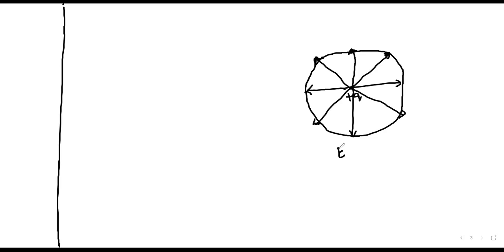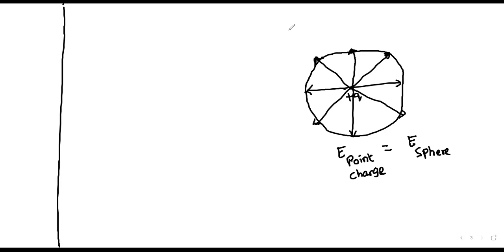That's why electric field due to point charge is equal to electric field due to sphere. Is it fine?